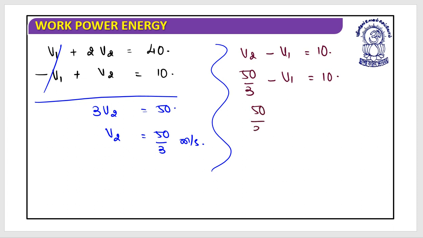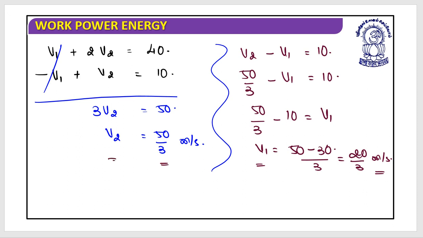So v1 equals 50 by 3 minus 10, which is 50 minus 30 divided by 3, equal to 20 by 3 meter per second. So v1 is 20 by 3 and v2 is 50 by 3.